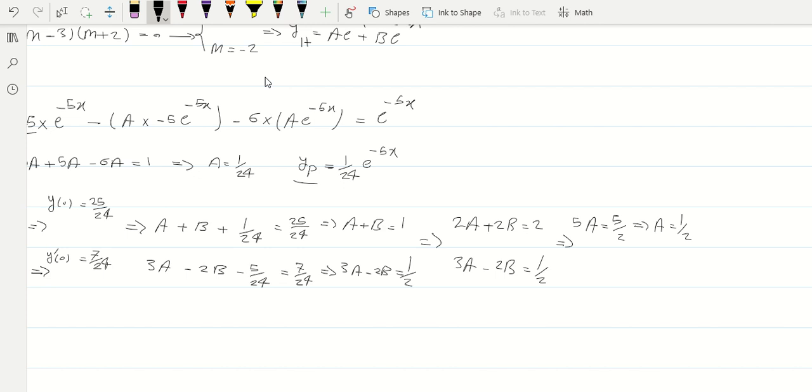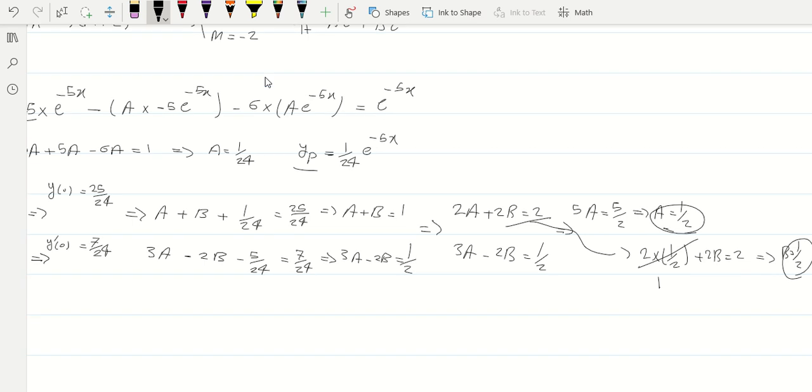So I'm just substituting a is equal to 1 over 2, which is 2 times 1 over 2 plus 2b is equal to 2. So this one would be 1. And 2 take away 1 is equal to 1. So b is equal to 1 over 2 as well. So I got b and a values in here.